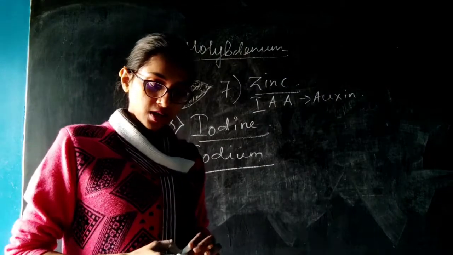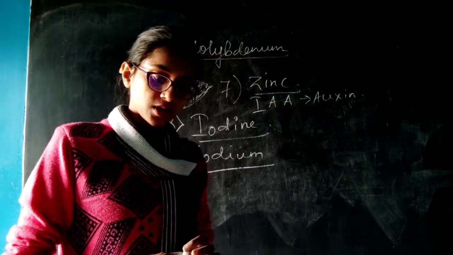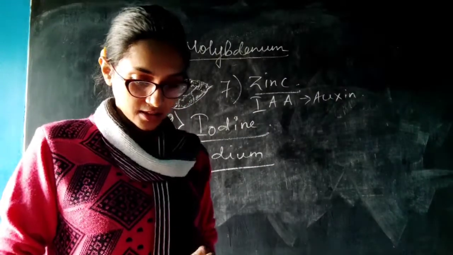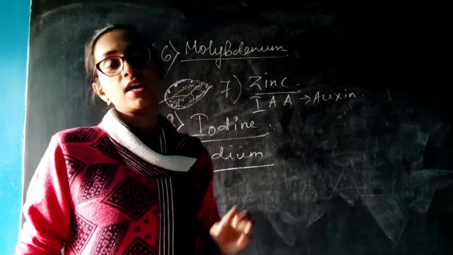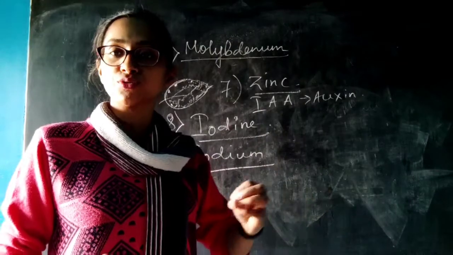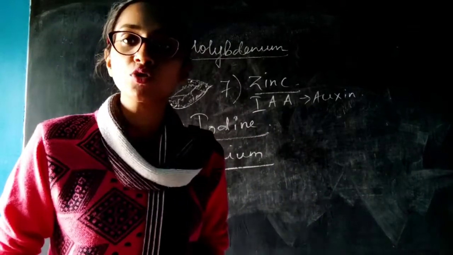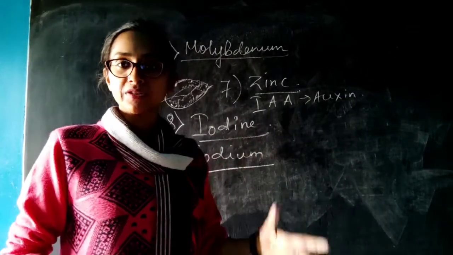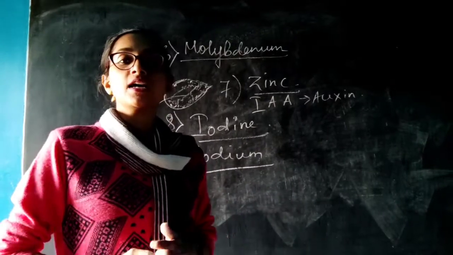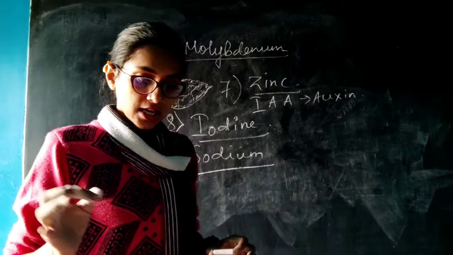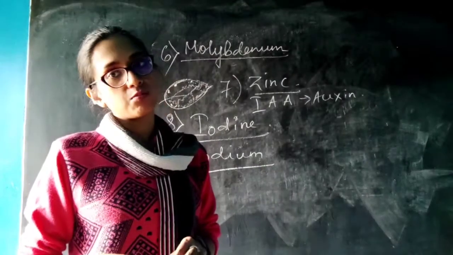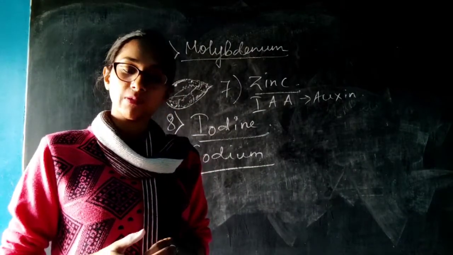Deficiency symptom: cellular activities of both plants and animals are disturbed. There are disturbances in distribution of water through osmosis. See, as it plays an important role in maintaining the osmotic balance, if it is not present, obviously osmosis in our body will be hampered. Apart from this, cellular activities of both plants and animals will be hampered.